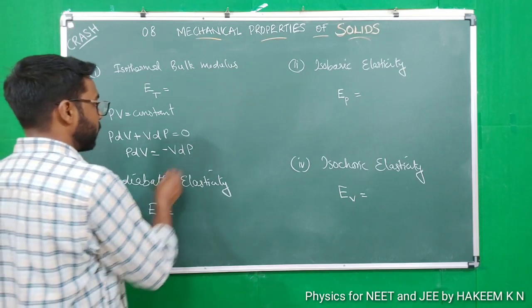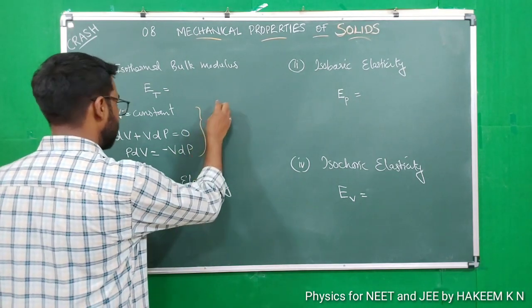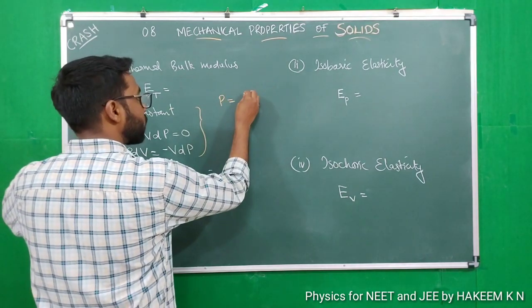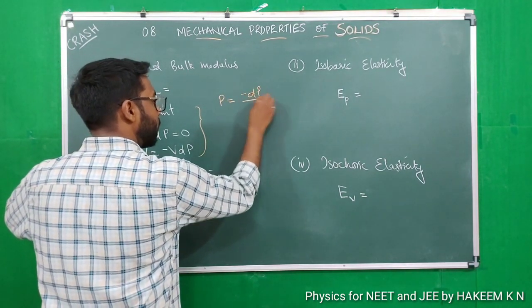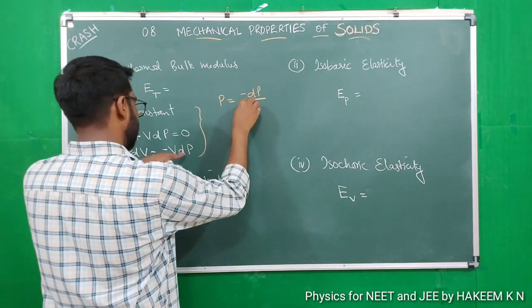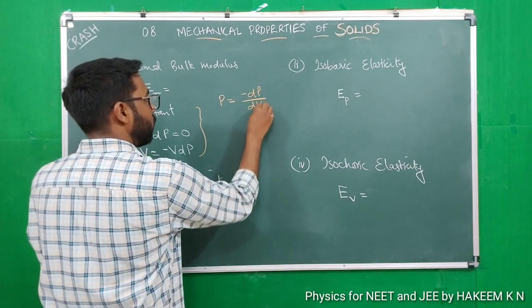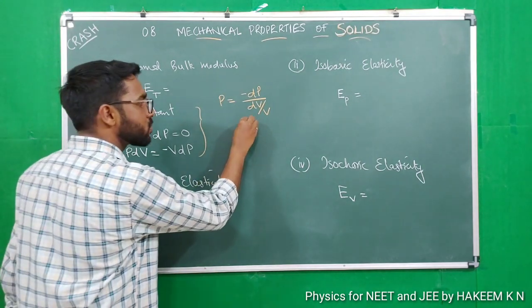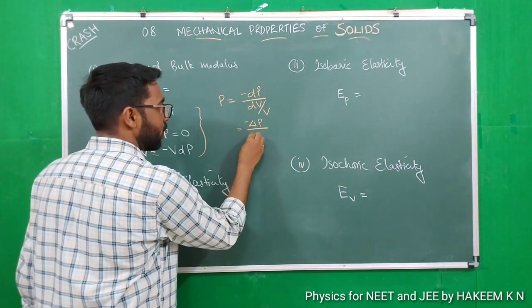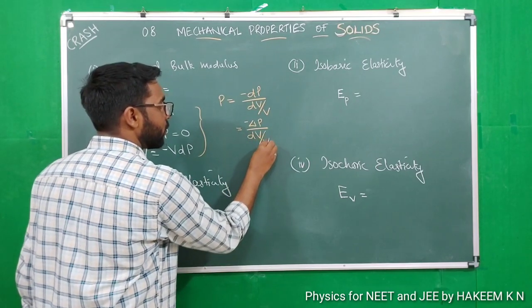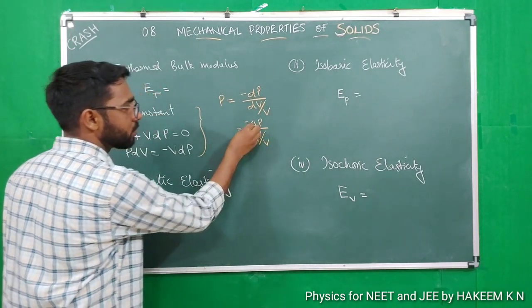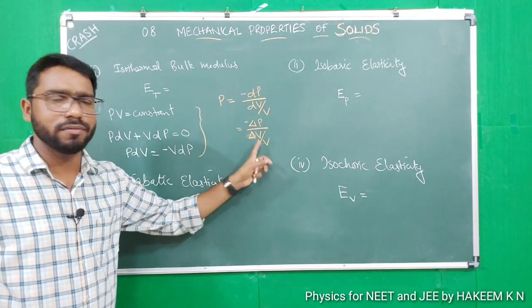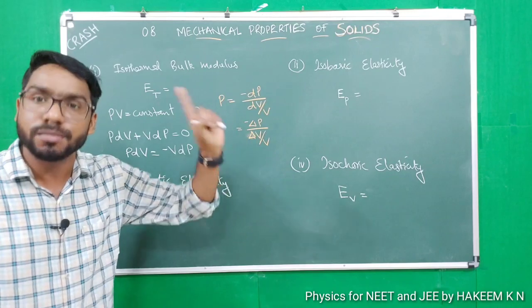From here, P equals minus dP by dV all divided by V. That is, minus delta P by delta V by V, or PV by delta V, it is actually bulk modulus.